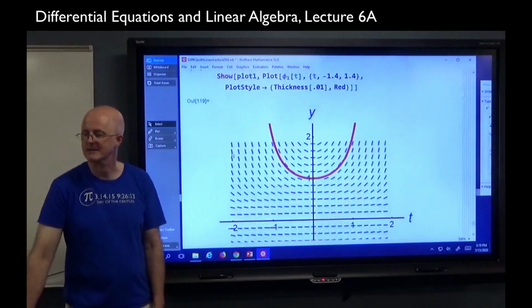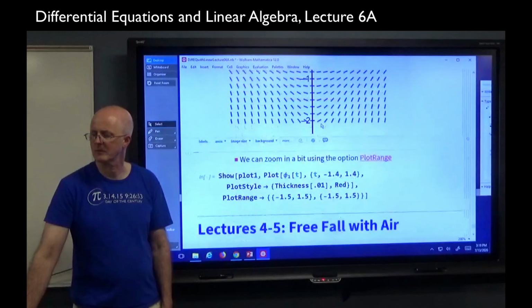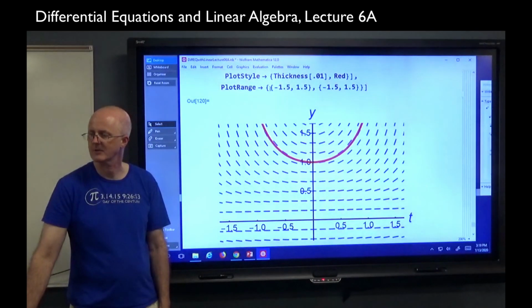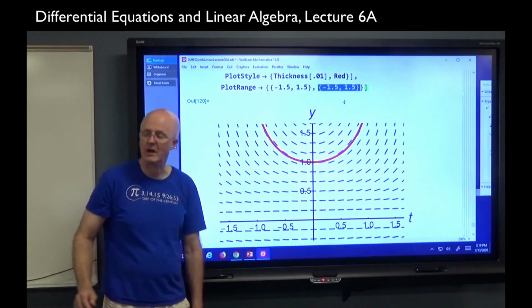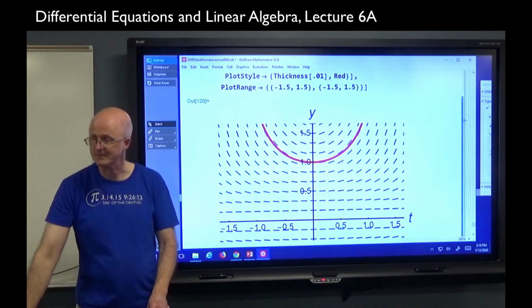Now I've plotted them in the same window. Kind of weird that the graph goes up here above the slope field. We can zoom in by adjusting the plot range here a bit in both the horizontal direction and the vertical direction. Okay, so there's lots of things you can do to make the graphs do what you want them to do, but you have to practice and look at examples.